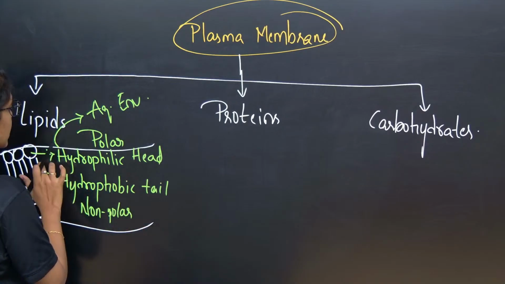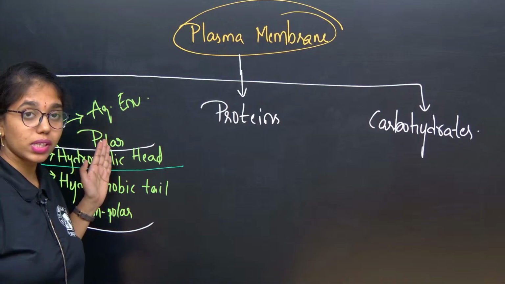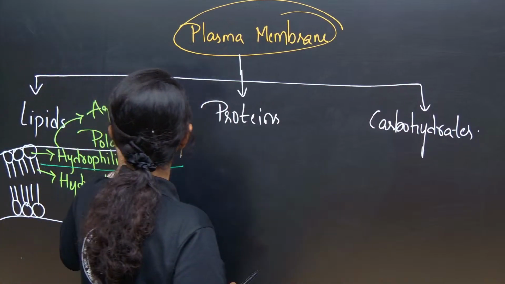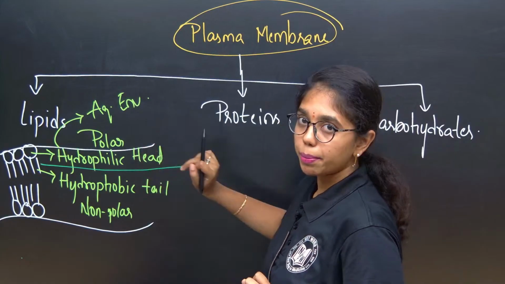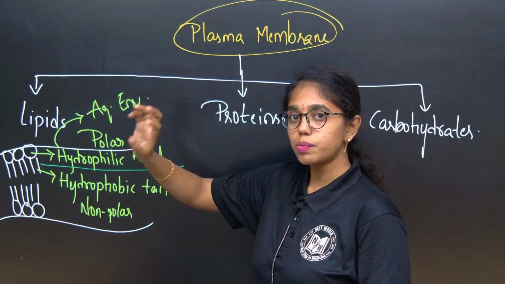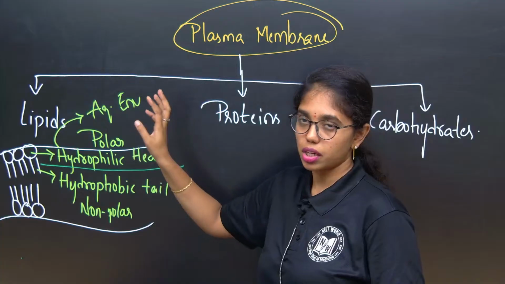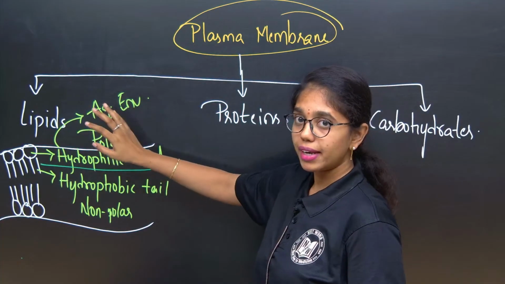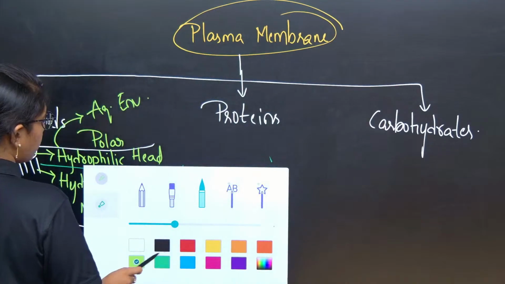So, if a statement is asked, the non-polar hydrophobic tail is protected from the aqueous environment by the hydrophilic polar head. Clear? So, this is about the lipid bilayer. Fine. And how is the lipid bilayer arranged in the plasma membrane? It is of quasi-fluid nature. Now, what types of proteins can you see inside the plasma membrane?